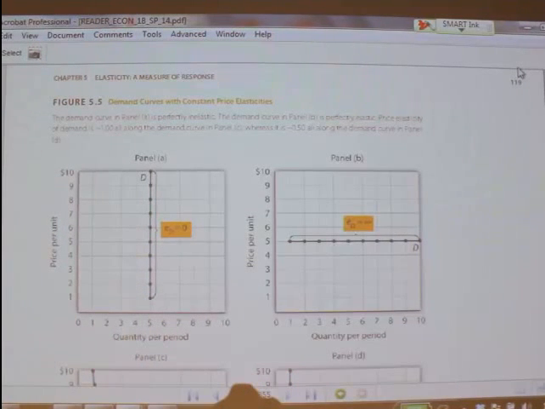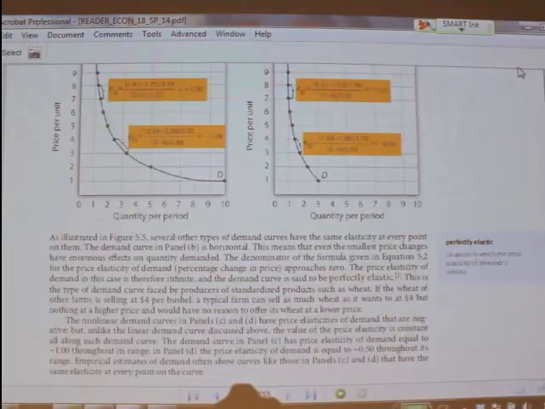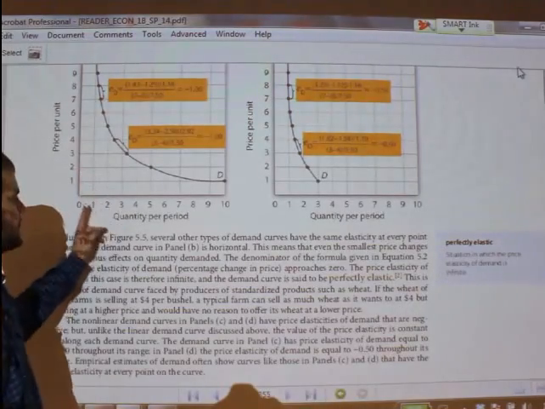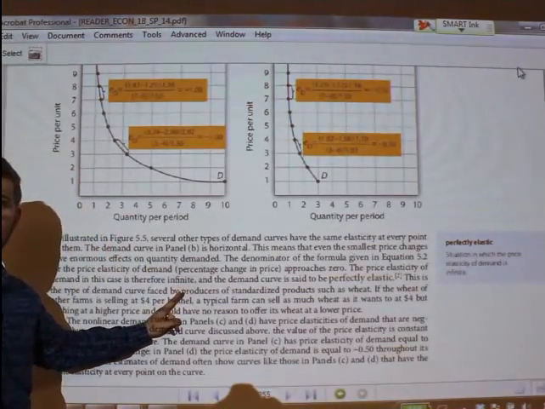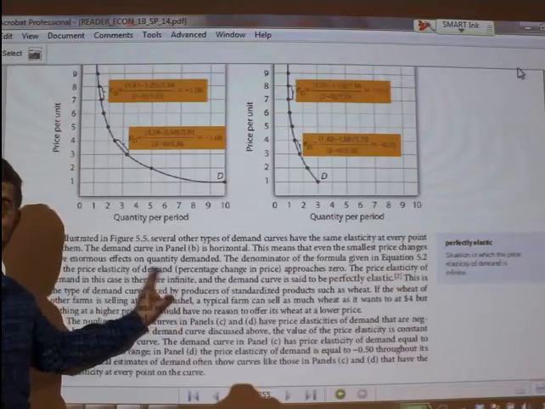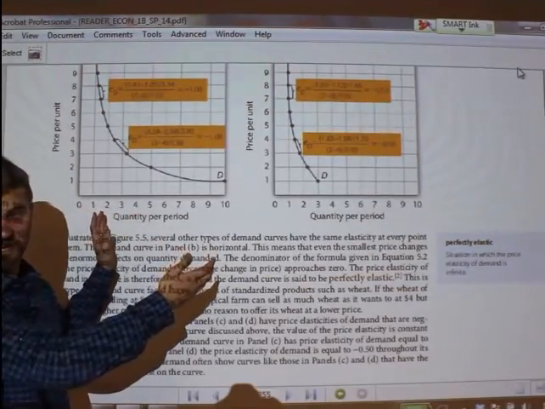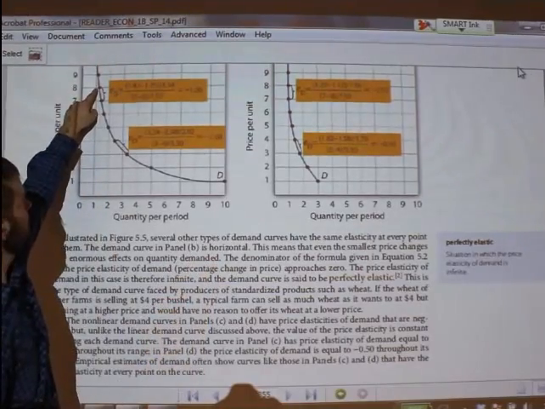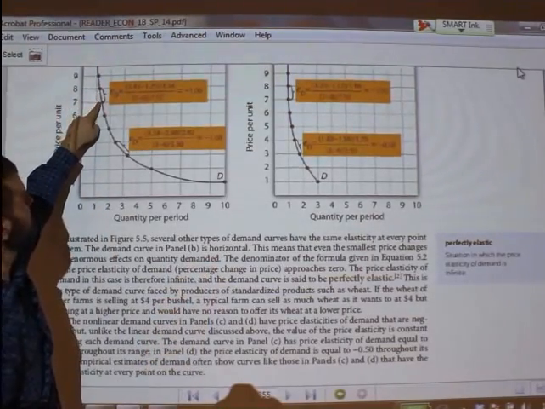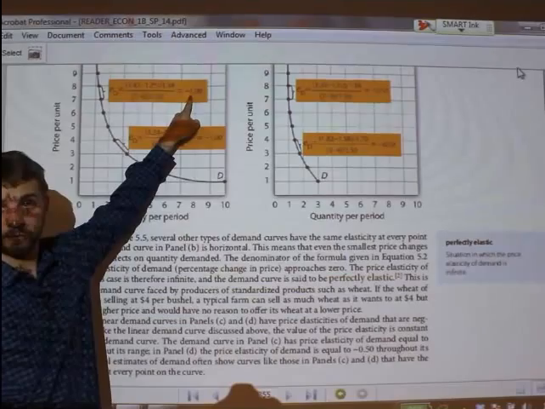There are also these, we looked at these straight line demand curves. And we saw that with a straight line demand curve, the price elasticity changes depending where we are, right? These are some examples of curves where it doesn't change. For example, up here, from this point to this point, the price elasticity of demand is -1.